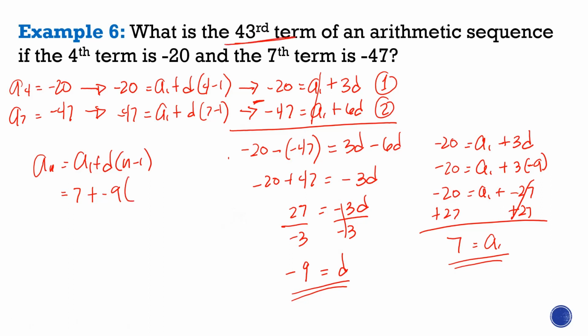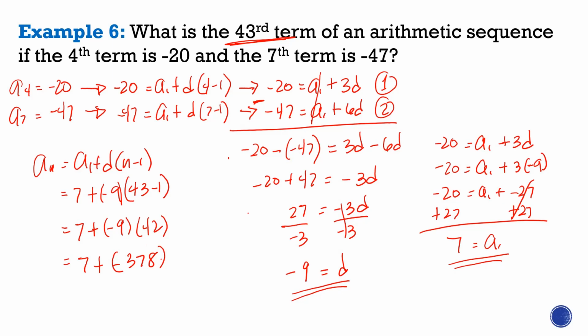Our n is 43. So 7 plus negative 9 times 42. So 9 times 42, what is that? 378.